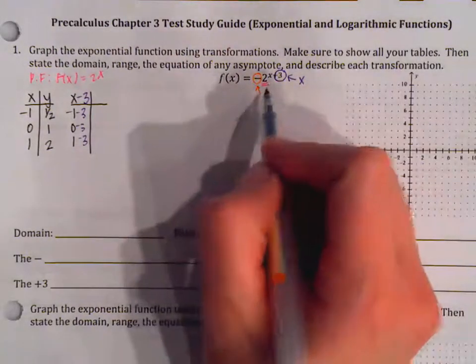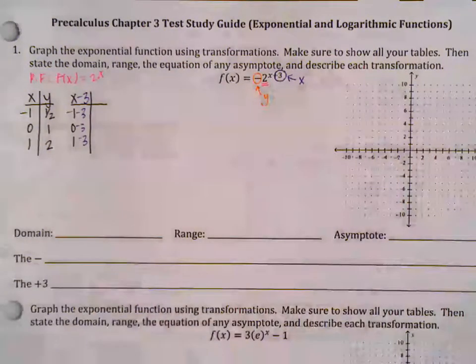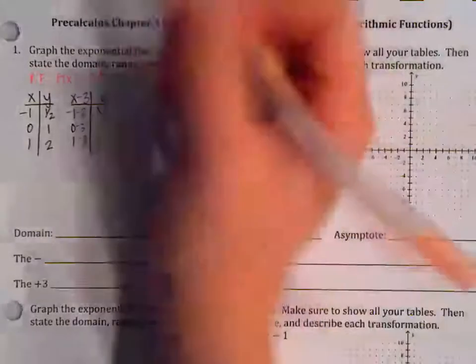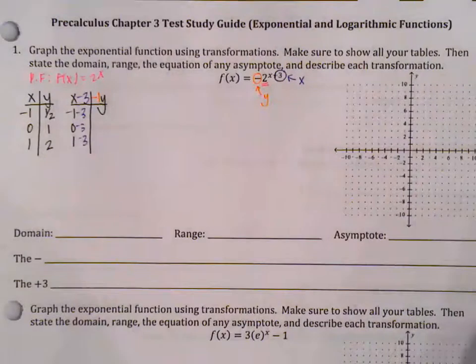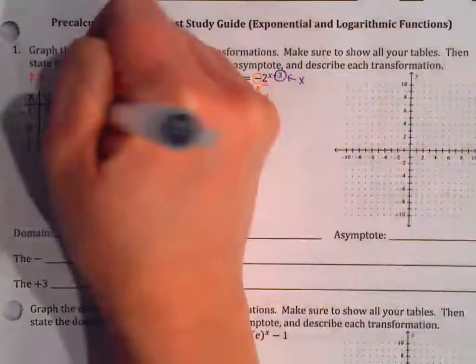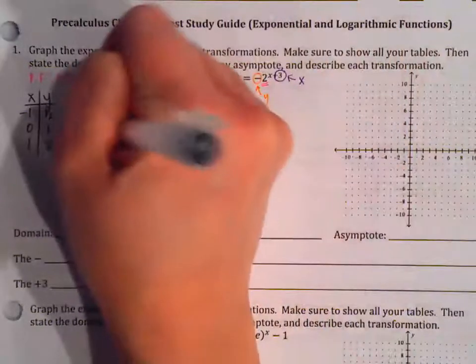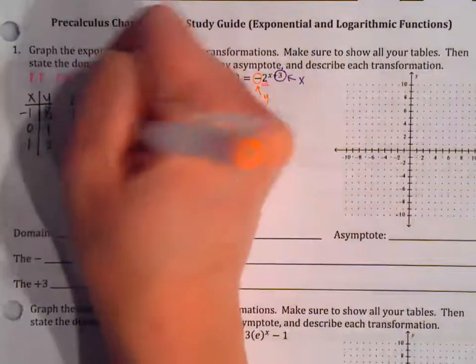Now to my y values, this is saying -1 times. So to all of my y values, I am going to multiply them all by -1, or just the opposite sign. So that would be 0.5, just 1/2 as a decimal, 1 and 2 all being multiplied by -1.